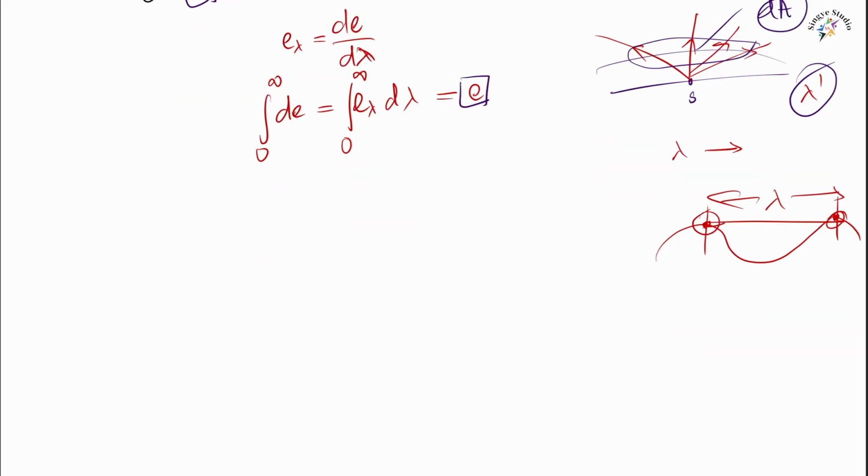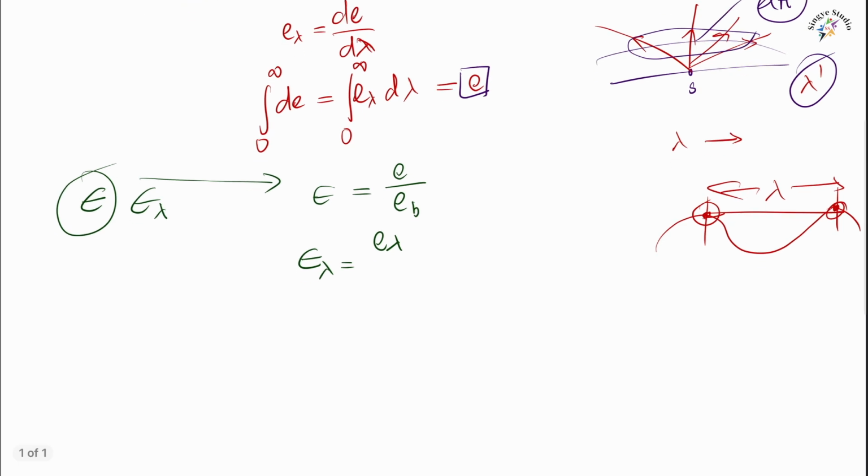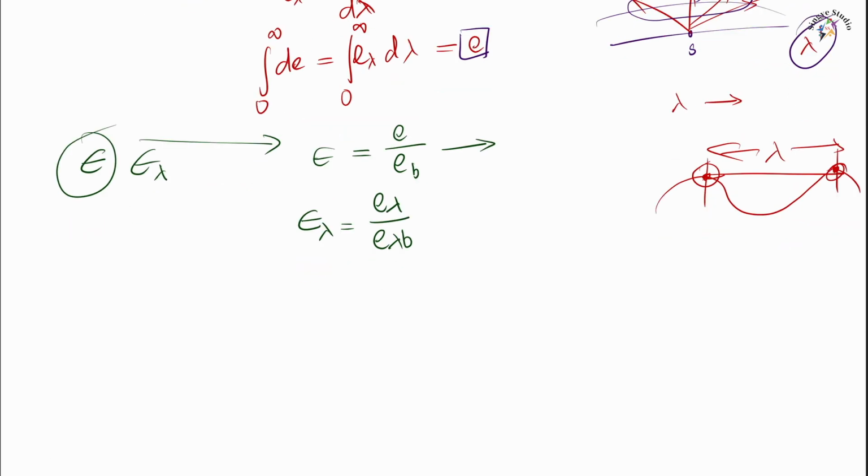Then we defined two comparative properties, epsilon and epsilon lambda. Epsilon is the ratio of the total emissive power of the source to the emissive power of the black body, whereas epsilon lambda is the monochromatic emissive power of your source divided by the monochromatic emissive power of the black body.